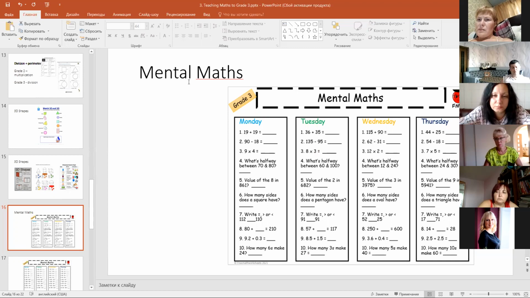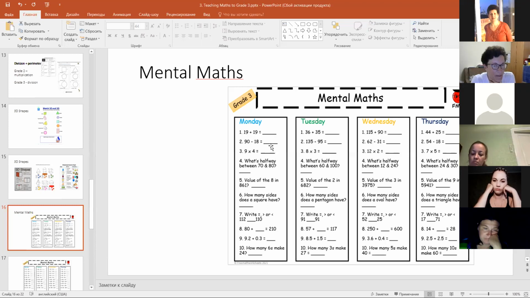Rounding, and then absolutely perfect. This is where we need rounding, because most of the additions require rounding. Then this understanding of half, half between 70 and 80, which is 5. Then place value.